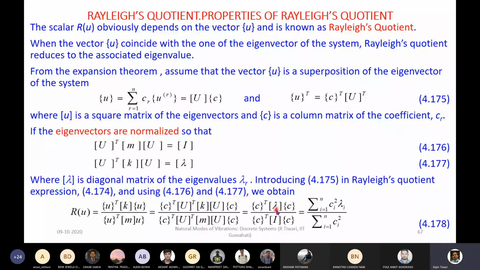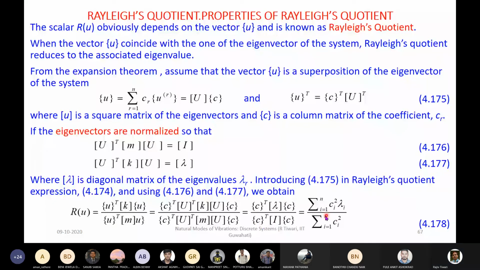Now, because this is the identity matrix, with this C row vector and this C column vector, if you multiply them you will get C1 square plus C2 square plus C3 square, like that. So we can write that as a summation.